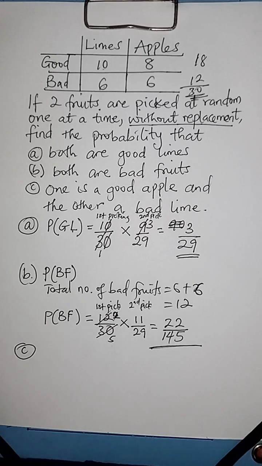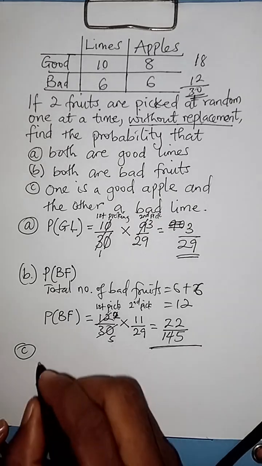So in this case, we're going to solve for what we call either the first pick is a good apple and the second pick is a bad lime, or the first pick is a bad lime and the second pick is a good apple. That's what we're going to solve.